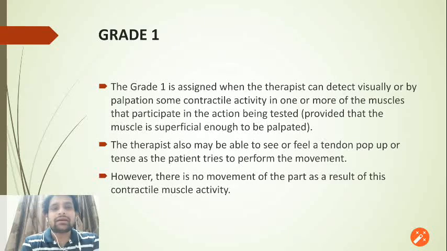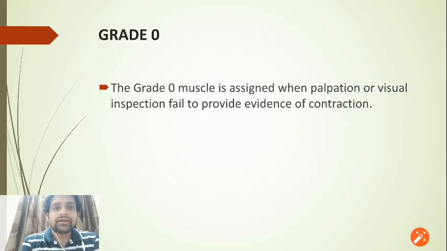So, in grade 1, the therapist can see or palpate the muscle activity or contractile activity in the muscles, but there is no movement in the joint by the muscles. Next, grade 0.